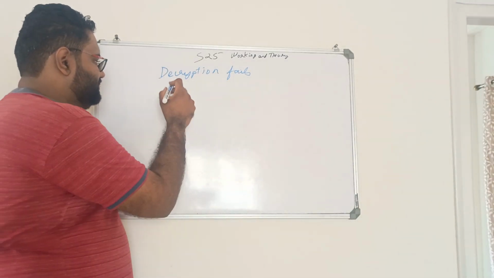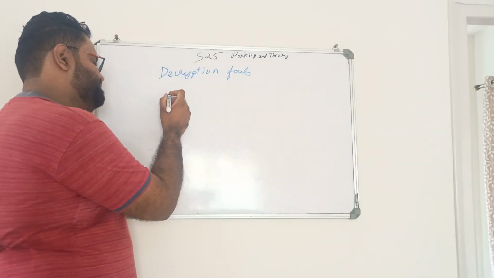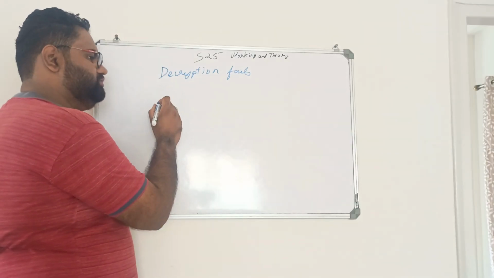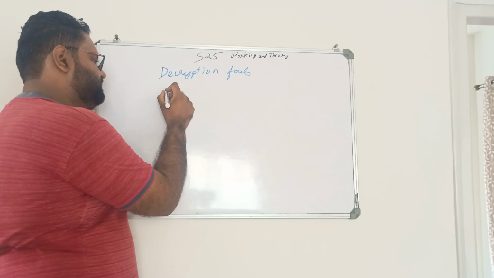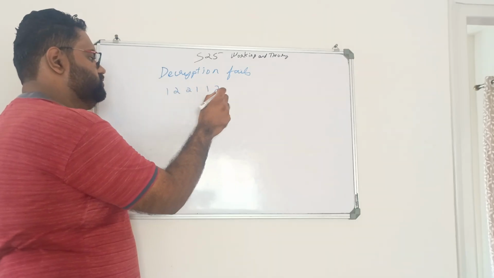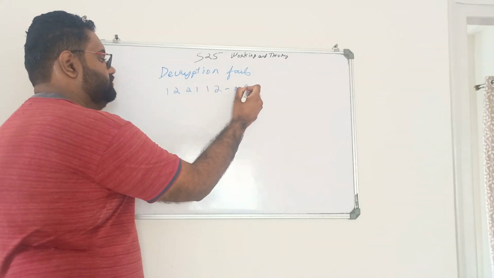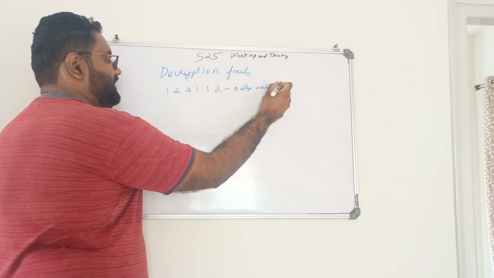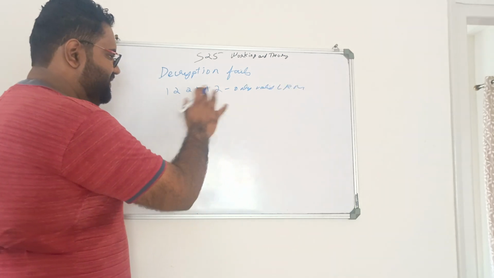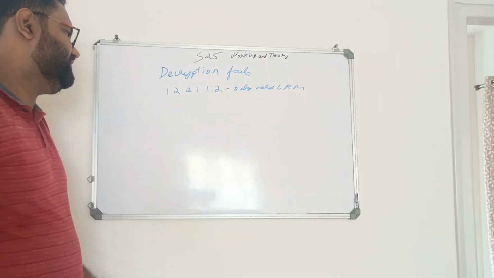So let us take this particular case. Let me say that I have 1 2 2 1 1 2. This is the only valid LRM. Of course, this makes it easier for me to demonstrate what exactly I'm saying.